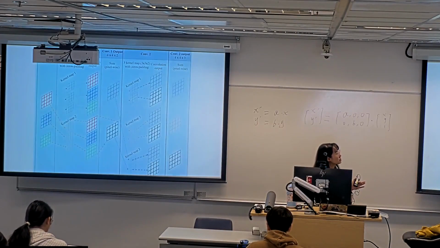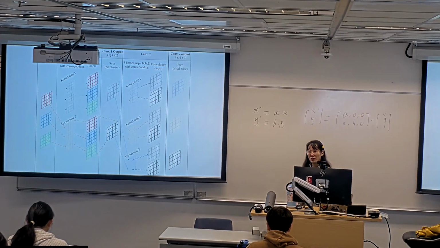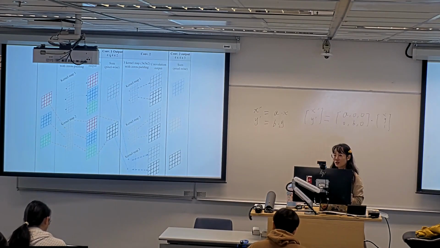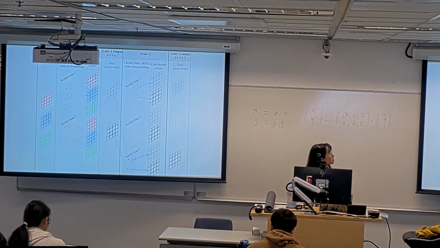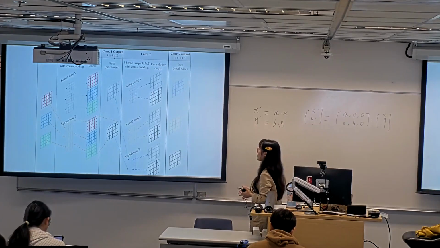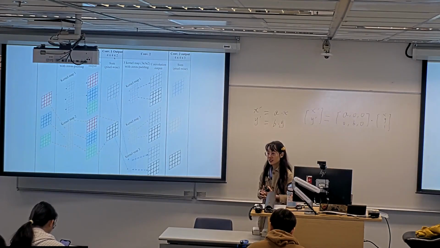The image size is still 4x4 because we have done zero padding, but the depth, or the number of channels, becomes 2. Then I guess you already know what should be the depth after each convolution layer.